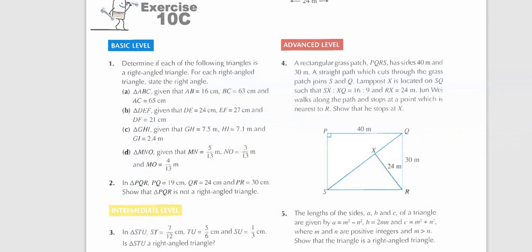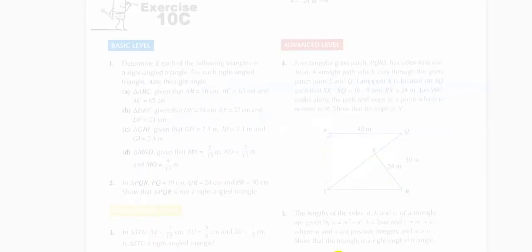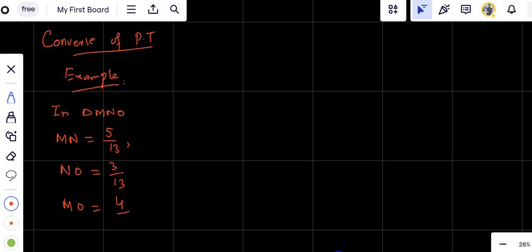The unit used here is centimeters. Now we need to verify whether these sides are of a right triangle or not.